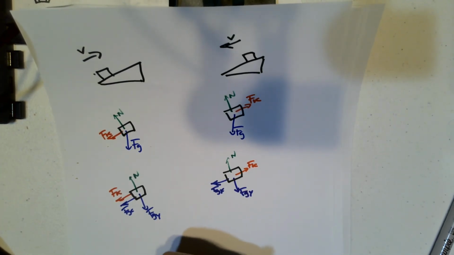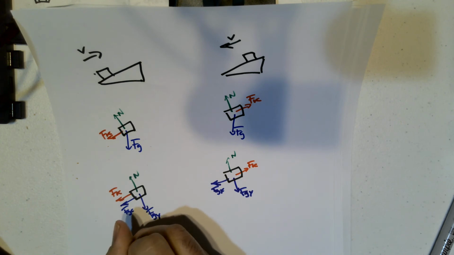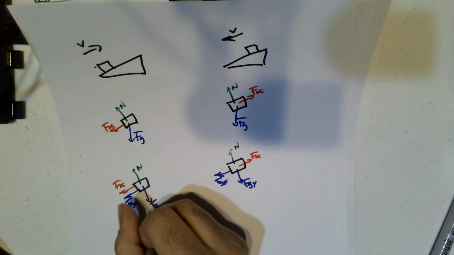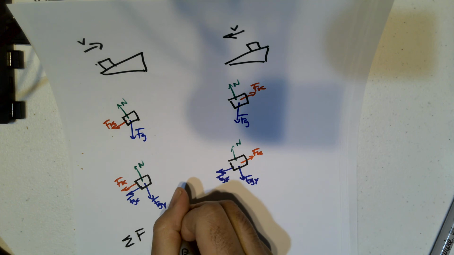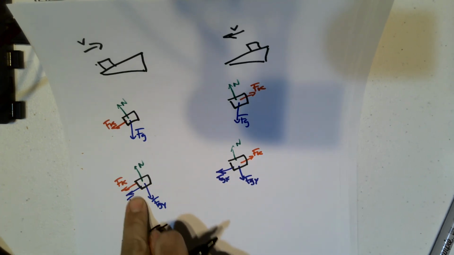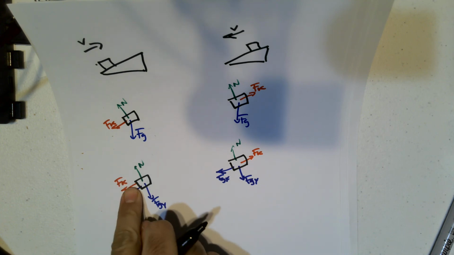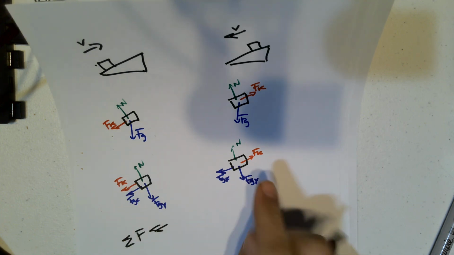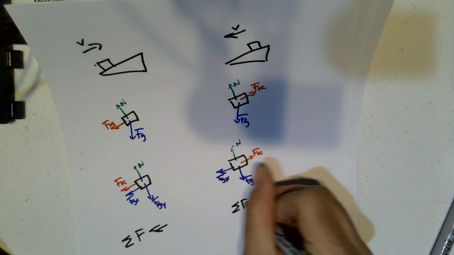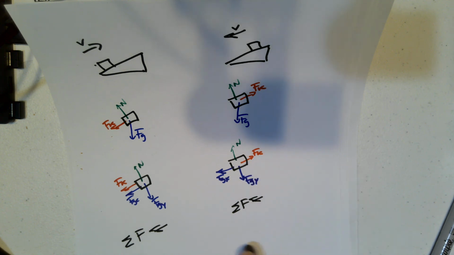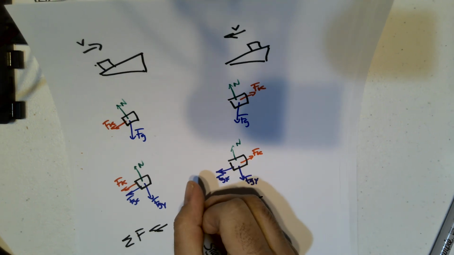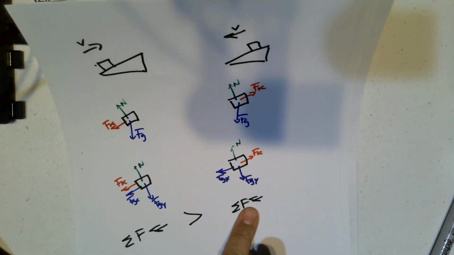So the fact that they're working hand in hand together in this case, I would expect sigma F to be directed in this direction, because these are the only two forces that are left over after these two cancel out. And they're working together, so these would add up. These are working against each other. So even though sigma F is in the same exact direction, what I find is that this one is greater than this one.